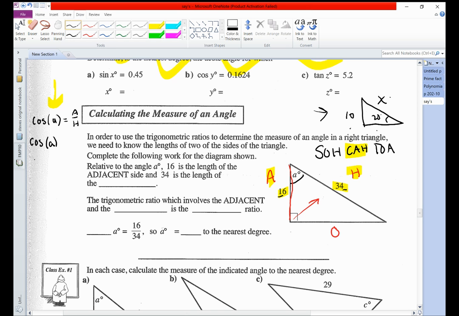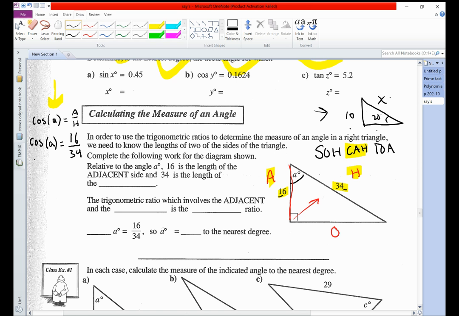Cos of A is equal to, well, the adjacent is going to be 16, and the hypotenuse is going to be 34. That's a ratio that we know. We know the adjacent, we know the hypotenuse. There are two different ways you can go about this.